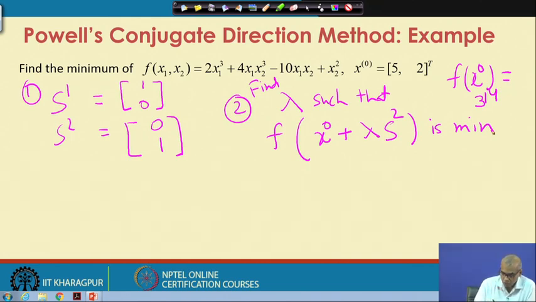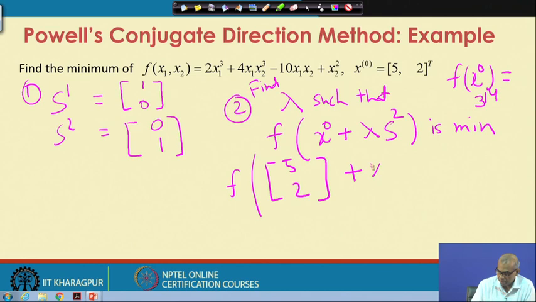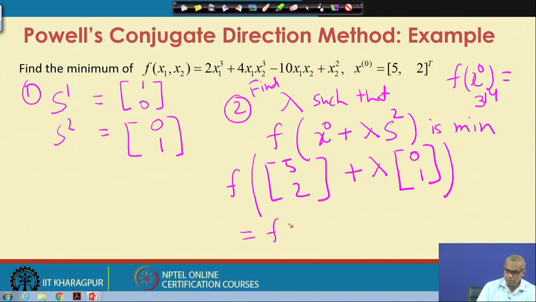You can also do as follows: f of x 0, which is given as (5, 2), plus lambda S 2, which is (0, 1). This is f of (5, 2 plus lambda).